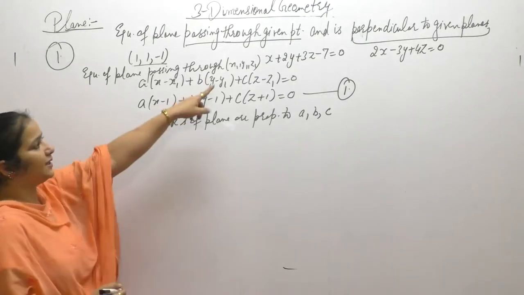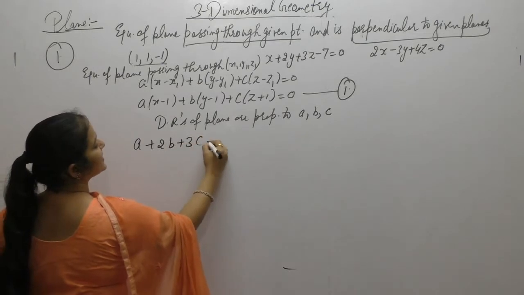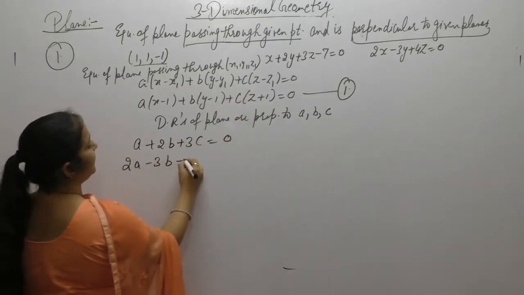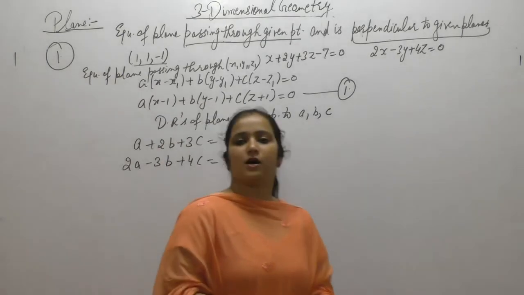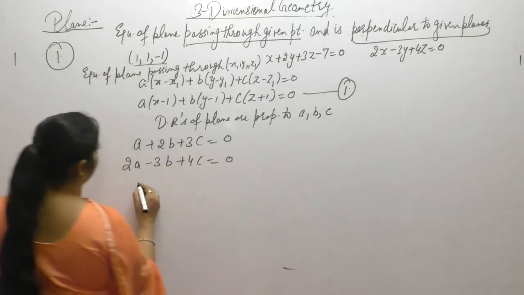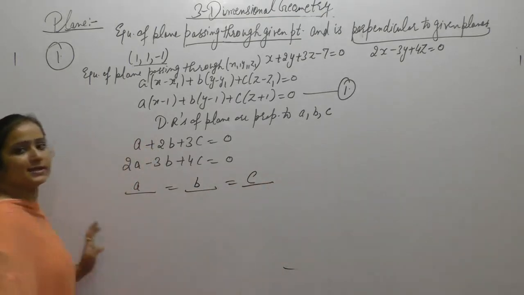Apply that condition: 1 into a, 2 into b and 3 into c. With the second plane: 2 into a, minus 3 into b, plus 4 into c. From here solve the values of a, b and c by using the cross multiplication method.